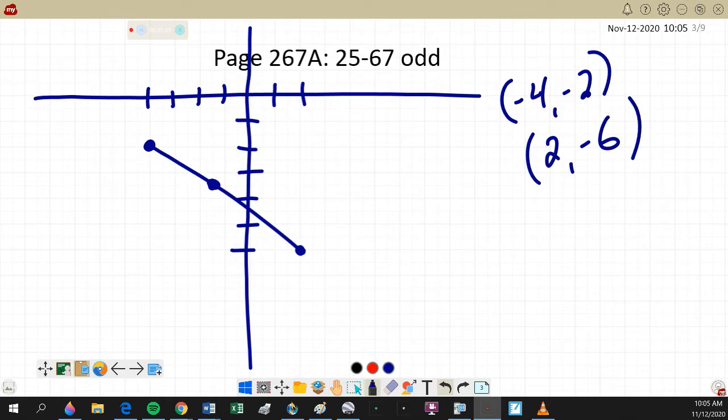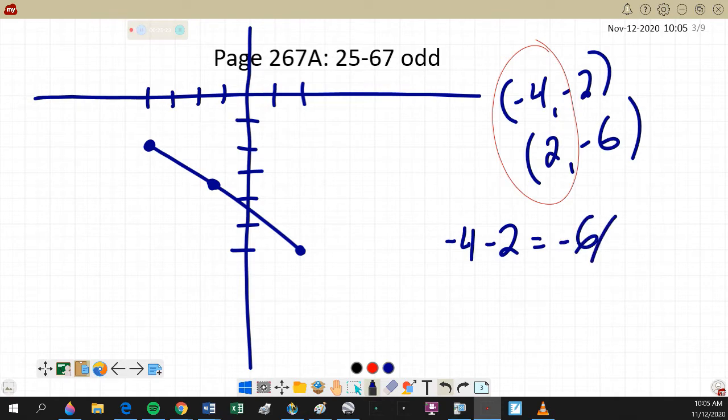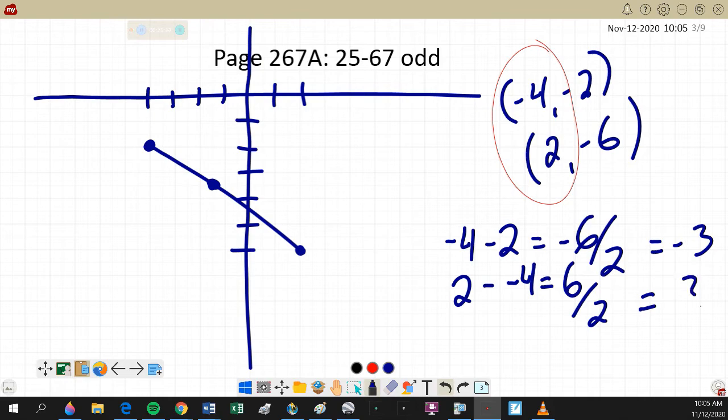So what happens when I find the distance between the x's and then cut it in half? Well, if I get -4 and I subtract 2, that's -6, and I cut that in half, I get -3. What if I do it the other way around? What if I do 2 minus -4, I get 6, and cut that in half, and I get 3.